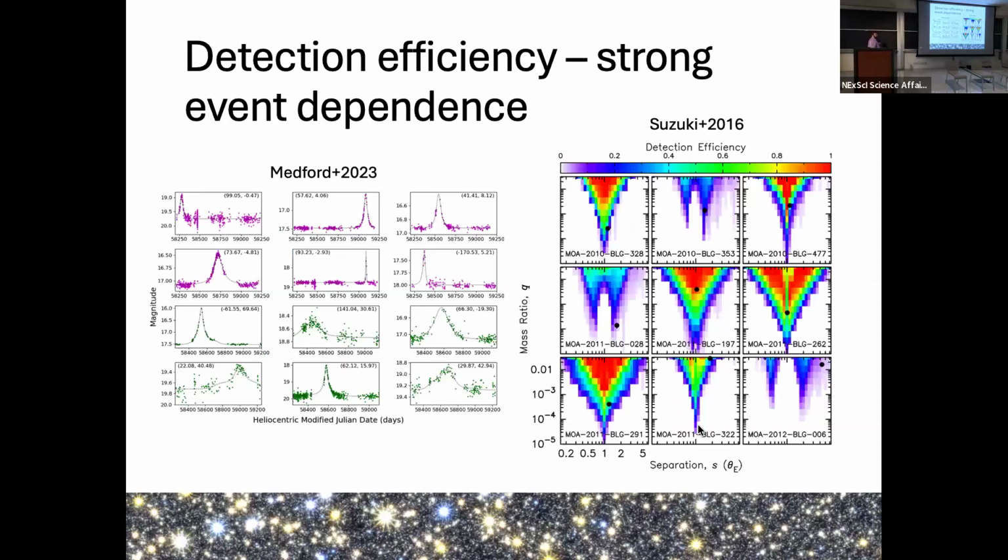The problem is, I would argue, a bit more complicated in evaluating these detection efficiencies than it is for transits, because the signals vary much more. In a transit, you expect the drop to be relatively small, so you don't need to worry about changes in photometric precision.